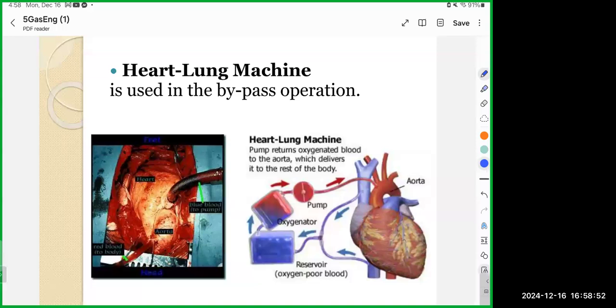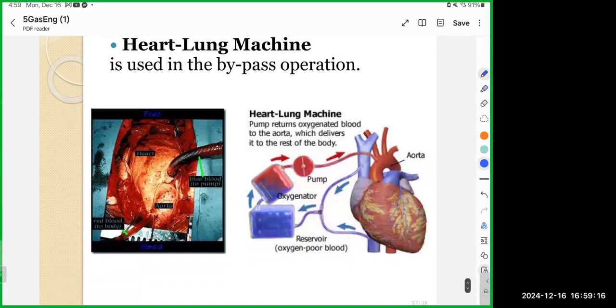For example, when you have to bypass the direction of the blood because there is heart surgery, you might have to move your blood into the heart-lung machine instead of the heart, because you do the surgery and the blood comes out. So they have to suck out all of the blood. Okay, right.